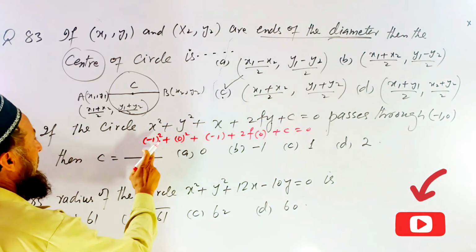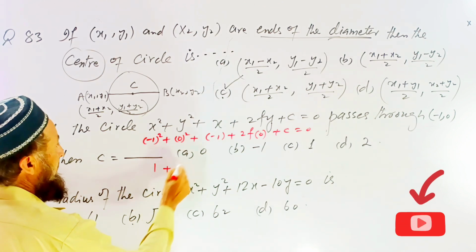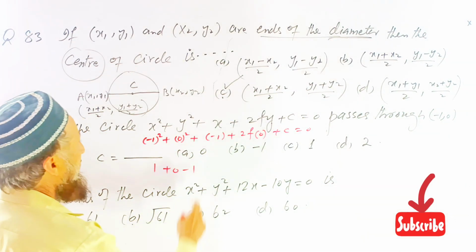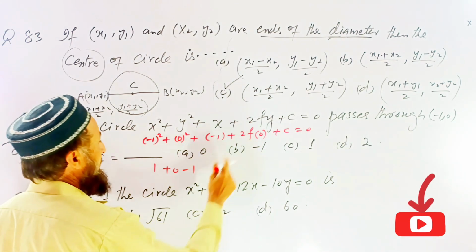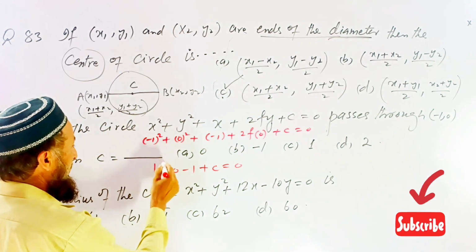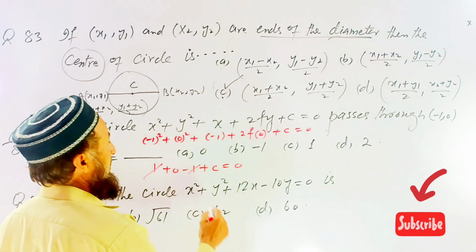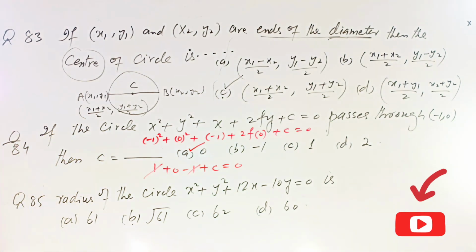So here we get 1 and 0, minus 1, so 1 minus 1 is 0, c is equal to 0. Option A is the correct option. C is equal to 0.